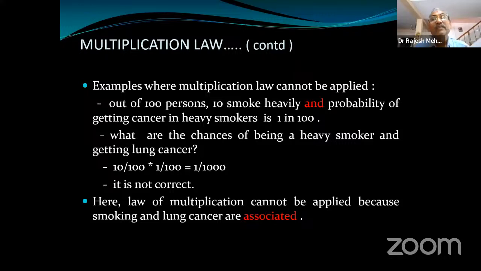But if you ask what is the probability that at least one will be the black king? Then here you apply or: at least one out of two, one should be this or that should be a black king. So 1 upon 52 plus 1 upon 52, that will be 2 upon 52, that is 1 upon 26. If you do that experiment 26 times, you will get that king one time.